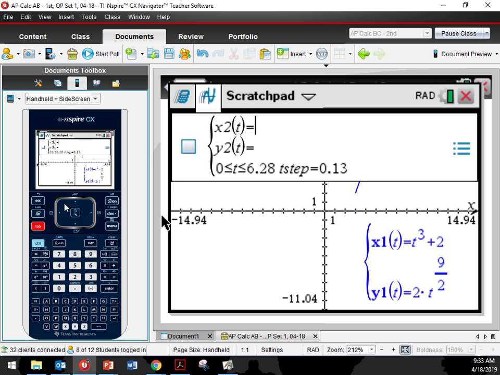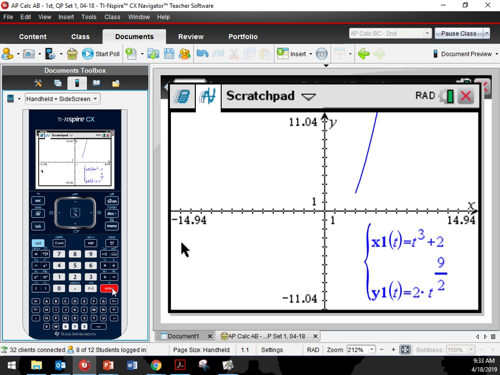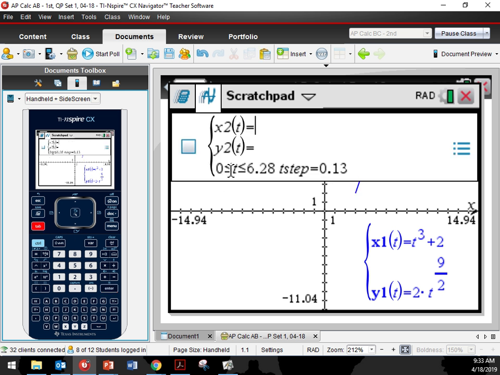It's still not doing it because it's still showing too much.